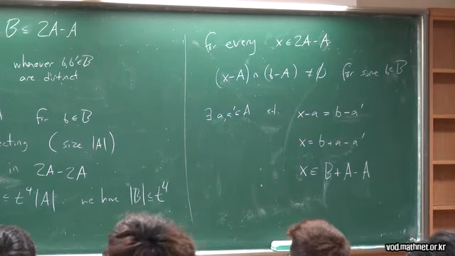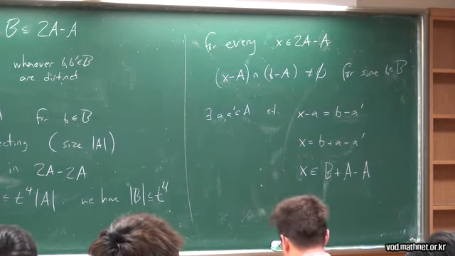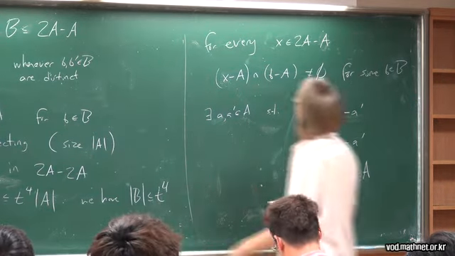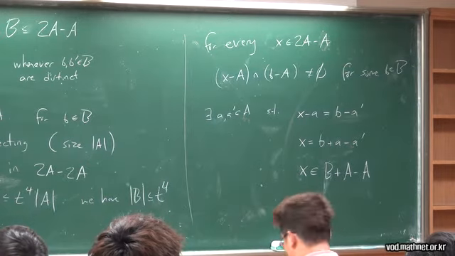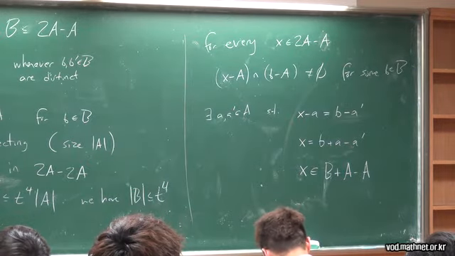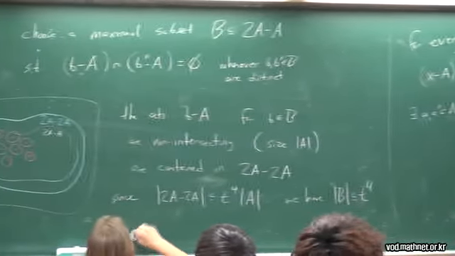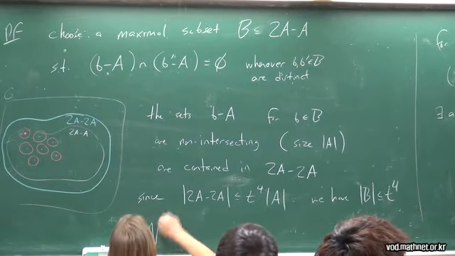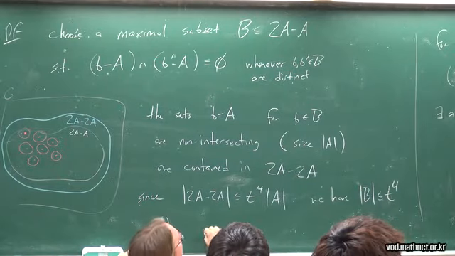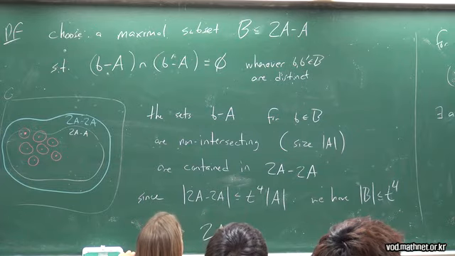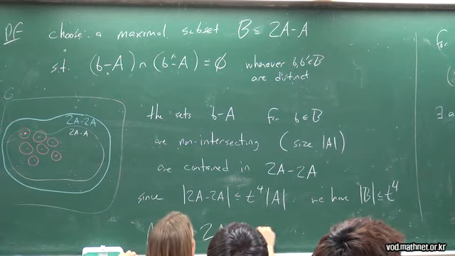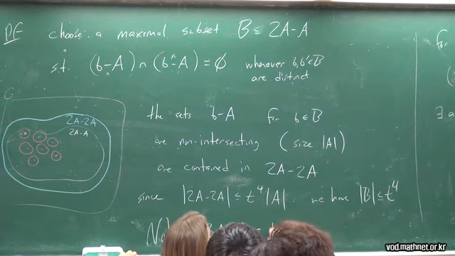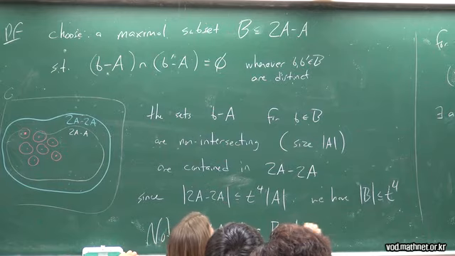This is just what we get automatically from the maximality of our ball packing. Let me just say, note, what we've learned is that 2A minus A is a subset of B plus A minus A.